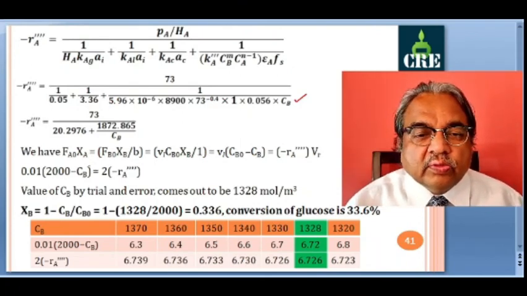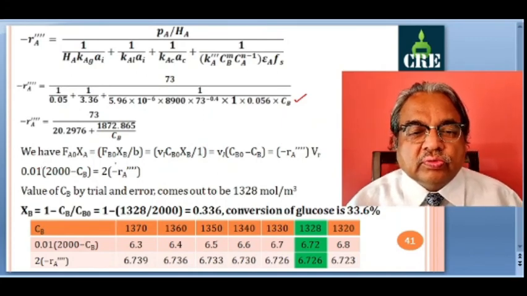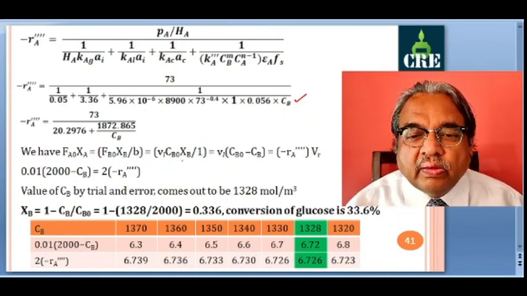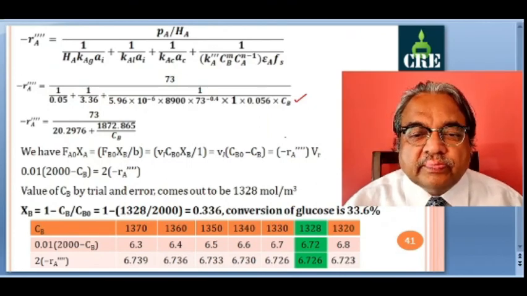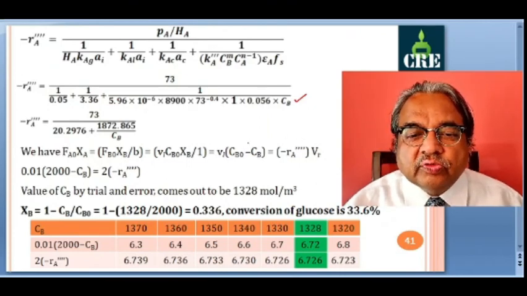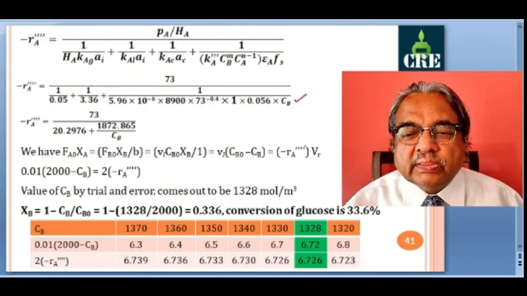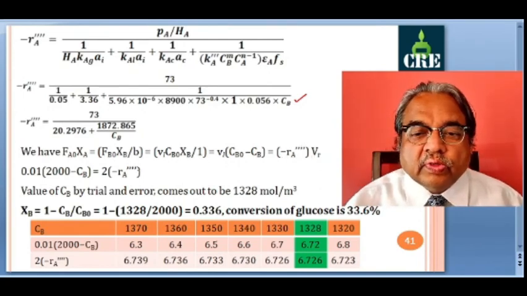So using our usual equation, Fa0xa is equal to Fb0xb by b, and finally we can write it as Vl into Cb0 minus Cb by minus Ra 4 times into Vr.